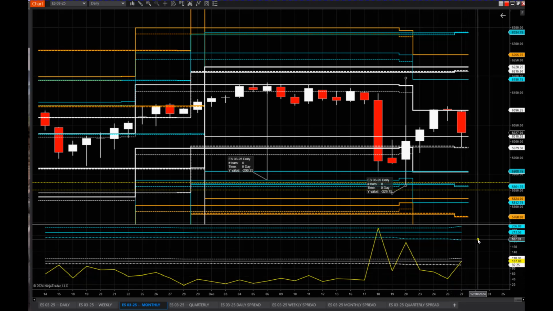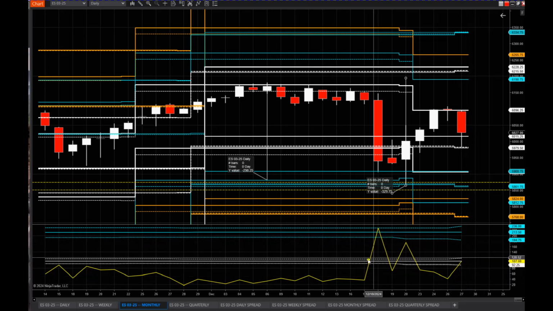So you can't get a range breakout unless this one is above the one. So this one period has to be above the 14 period monthly. You see that?